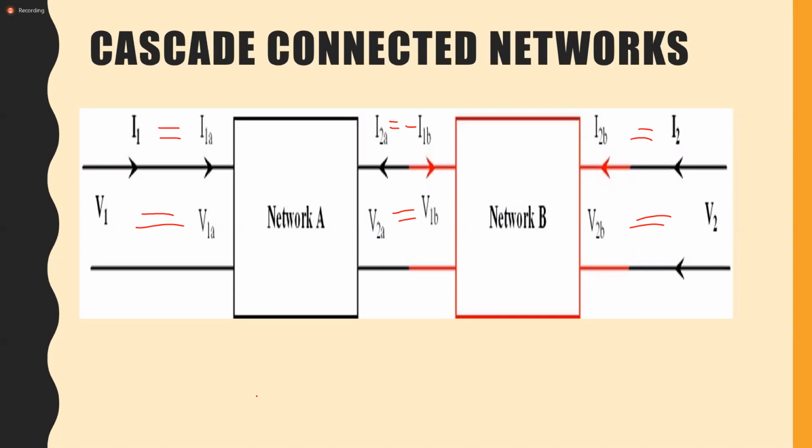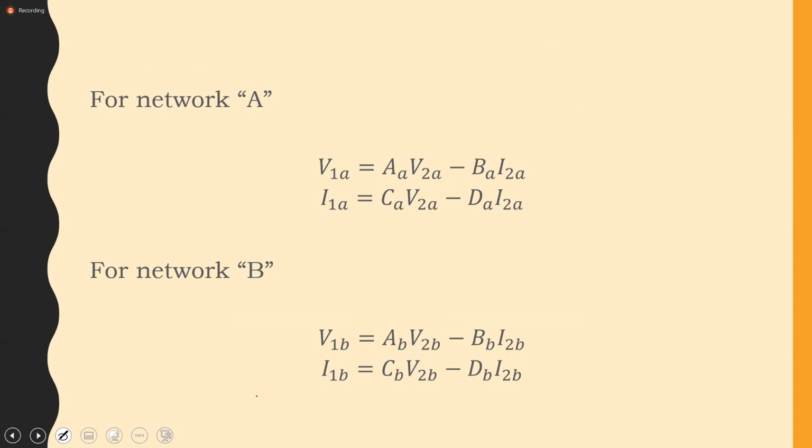For network A, and remember for transmission parameters, we are looking at the input voltage and current with respect to the output voltage and current.